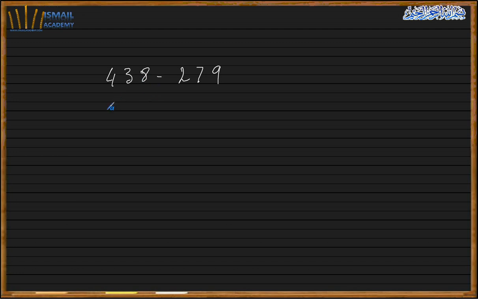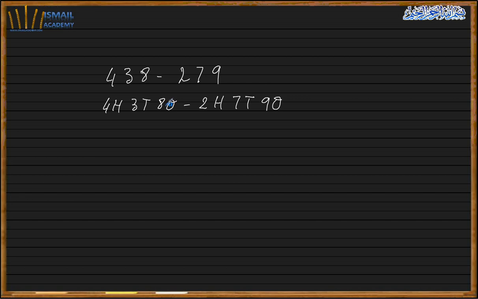So here I have 400, 3 tens, 8 ones, minus 200, 7 tens, and 9 ones. So now I have 9 ones, and I will reduce 8 ones by 9 ones.